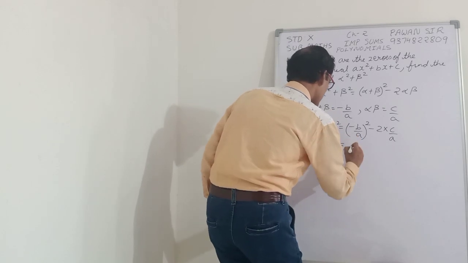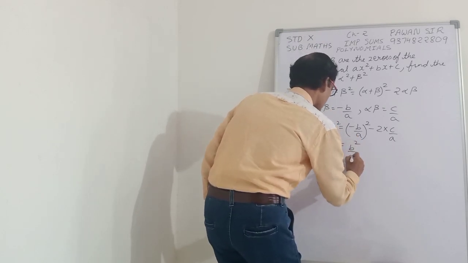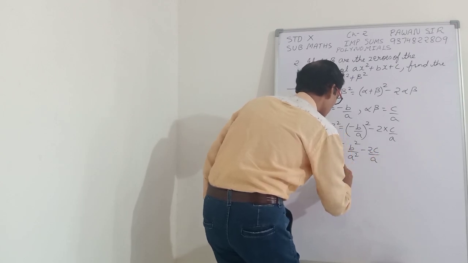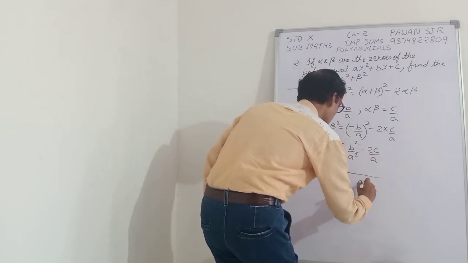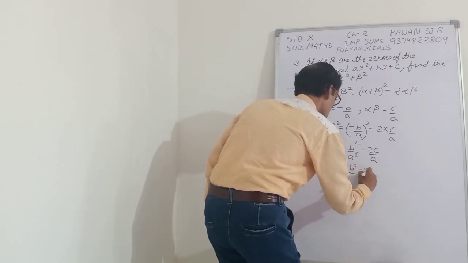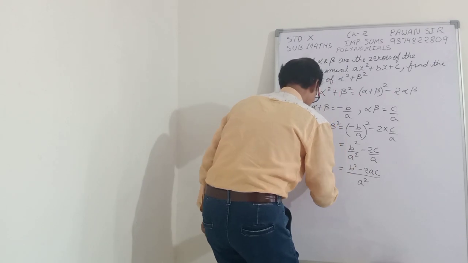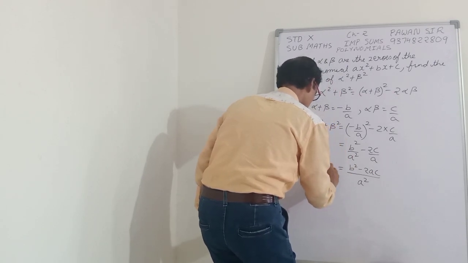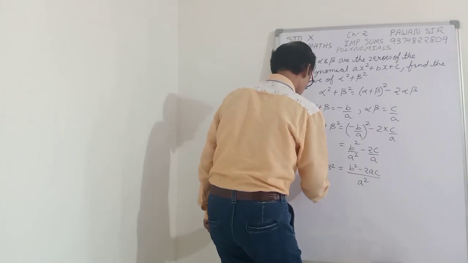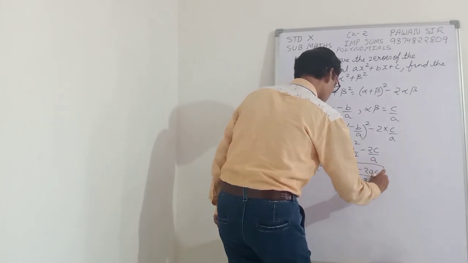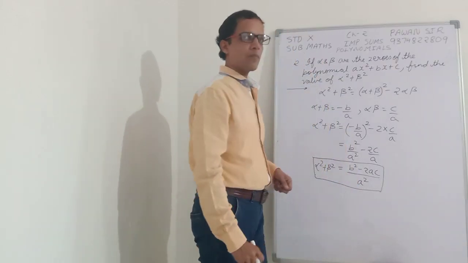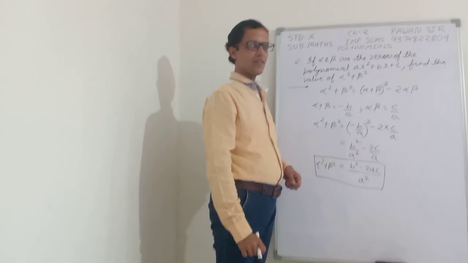So what we get? b square by a square minus 2c by a. So what is the LCM? LCM is a square. So what we get? b square minus 2ac. It means alpha square plus beta square is equal to b square minus 2ac upon a square. So this completes our second question.